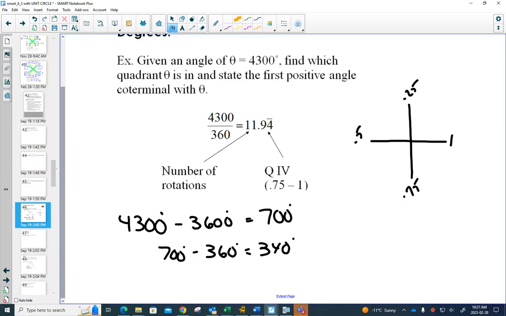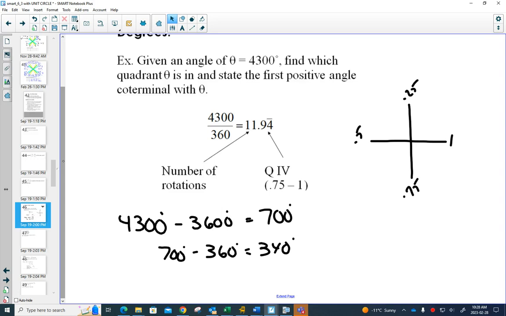And if I did this without my calculator, I know that 340 degrees is in quadrant 4. I also now know that my reference angle is 20 degrees, because the reference angle is how far that angle is from the nearest x-axis.